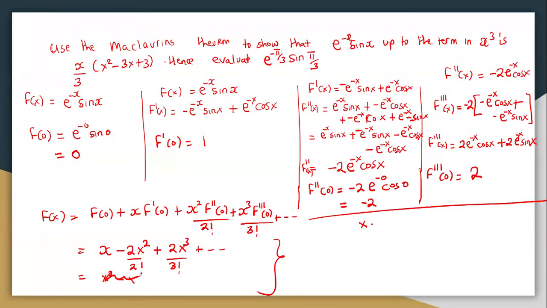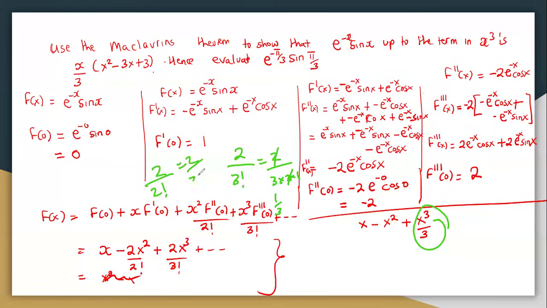So that one, we are going to have x minus x squared, then plus x cubed out of 3. Because we want to put it in this form, because remember, 2 out of 3 factorial is the same as 2 out of 3 times 2 times 1. The 2 cancels and remains with 1 out of 3. So that's why we have this. Then 2 out of 2 factorial is the same as 2 out of 2 times 1. The 2 cancels and you have out of 1. So that's why we have out of 1.